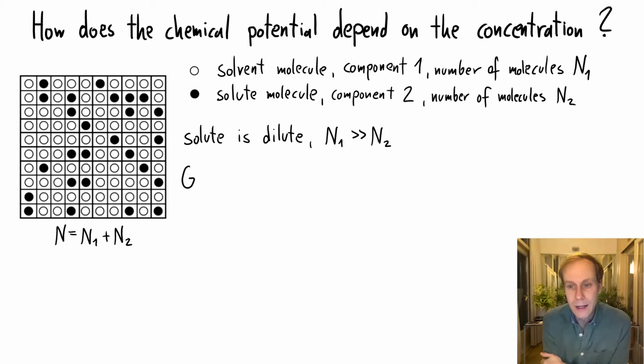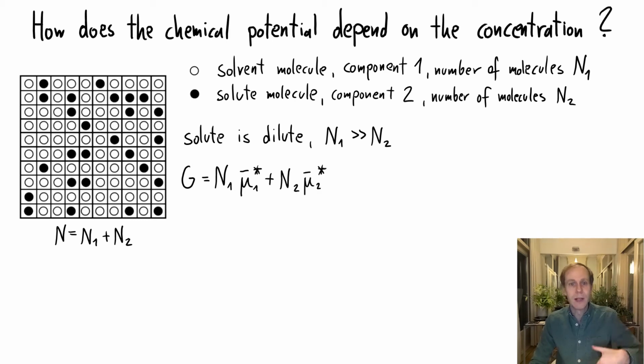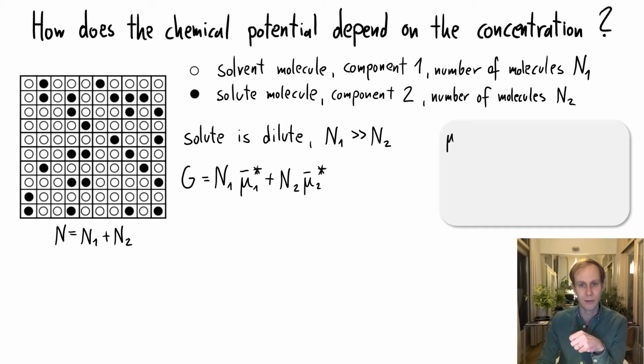So to calculate the free energy of both the solvent and solute molecules in this grid, we first take into account the value of the free energy of the solvent molecules in their pure state, plus the number of solute molecules times their chemical potential, again at their pure state without being mixed with the solvent.